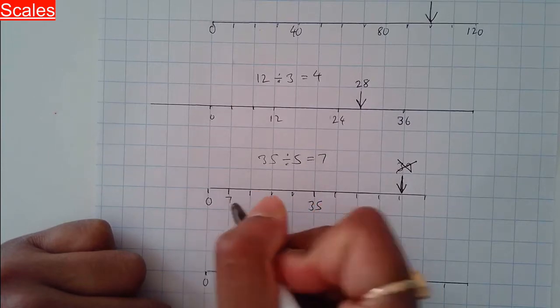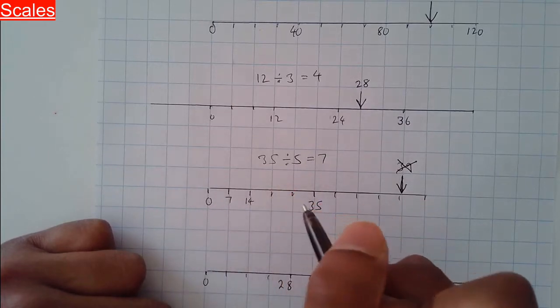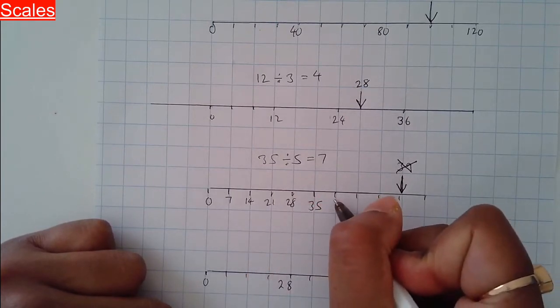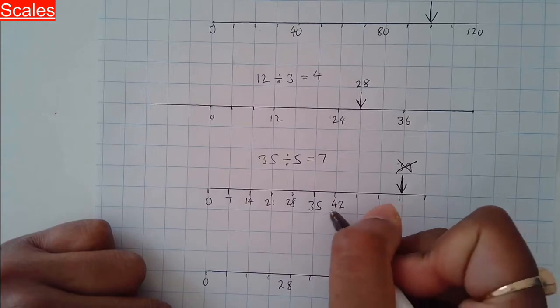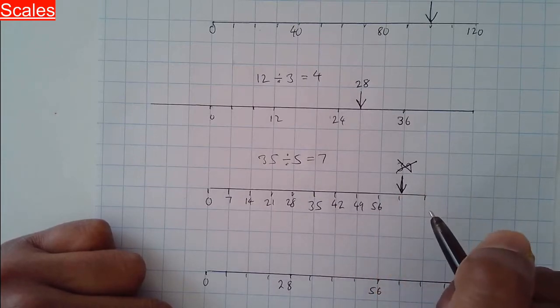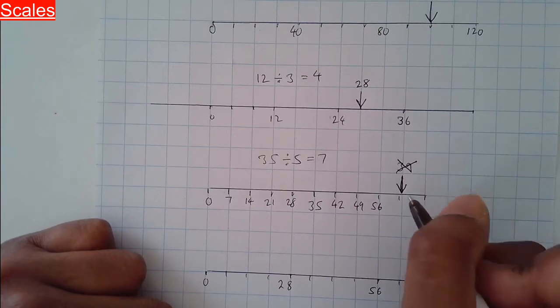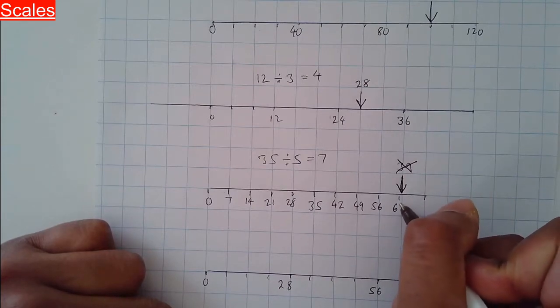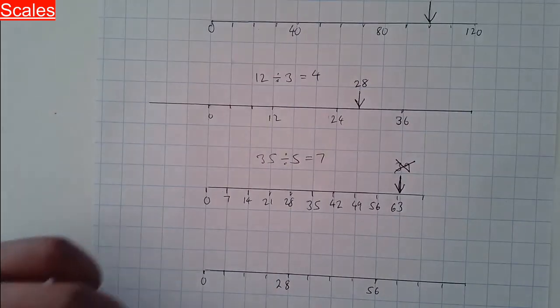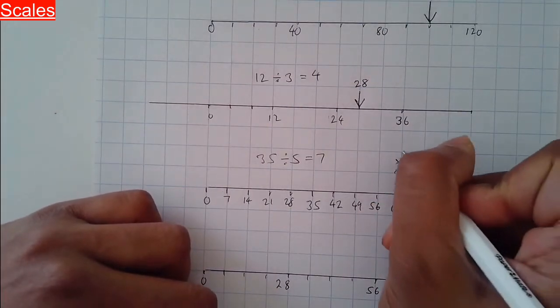So that's 7, 14, 21, 28, 35, 42. Add another 7, 49, add another 7, 56, add another 7, that'll give you 63. So this number is actually 63, not 39.